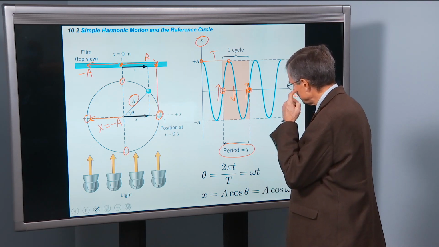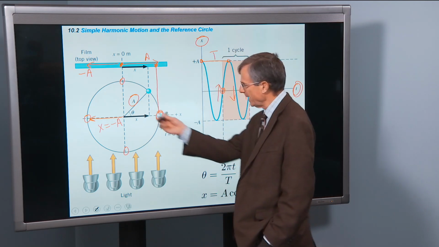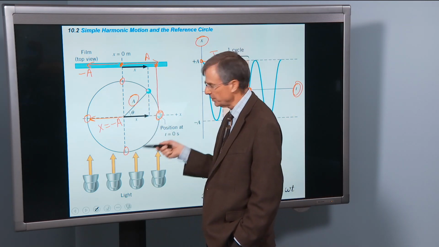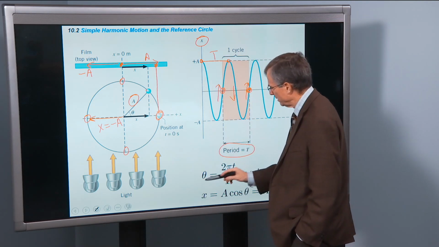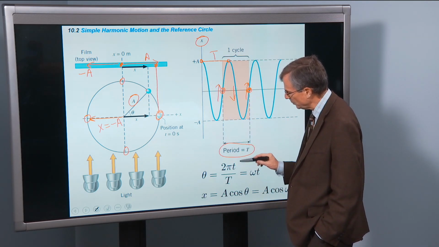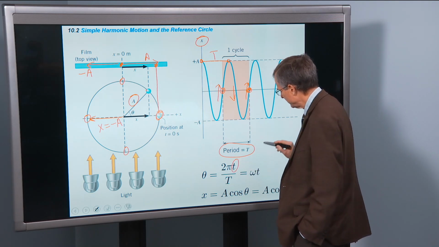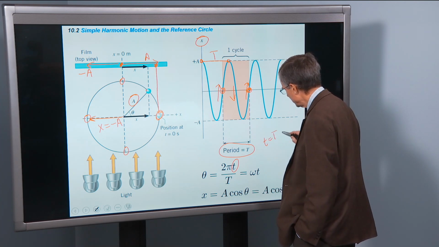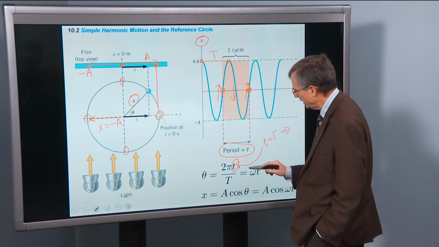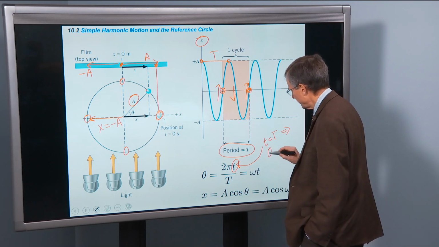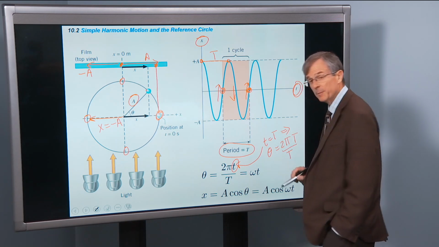So the way that you relate the angle of this ball going in uniform circular motion to the time is to say that the angle, in a time equal to the period, if t equals the period, and we plug that in here, then theta is 2 pi times the period divided by the period.